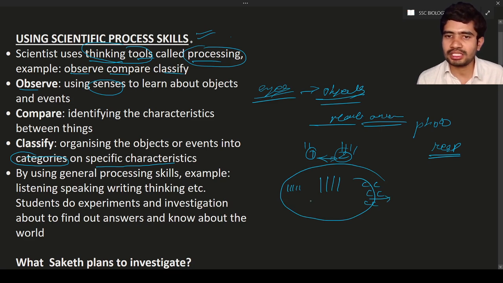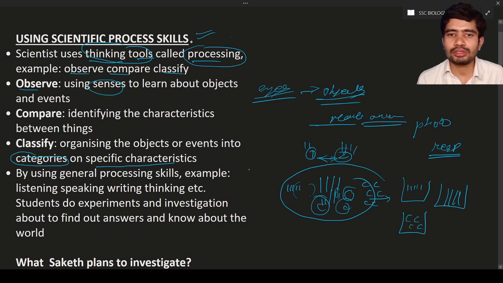First, you select all the chalk pieces which are short and keep them in one container. Then you select the long chalk pieces and keep them in another beaker, and you select the colored chalk pieces and keep them in another container.